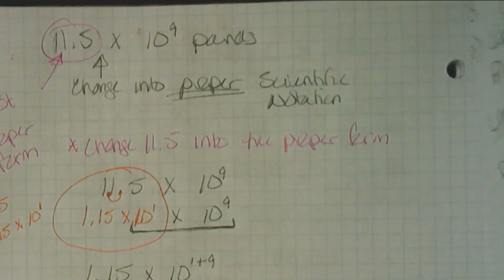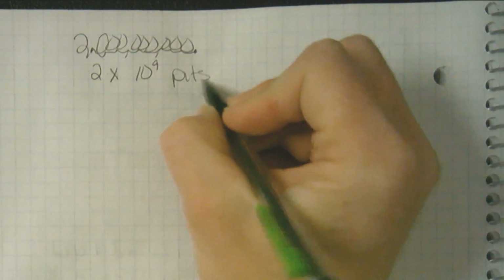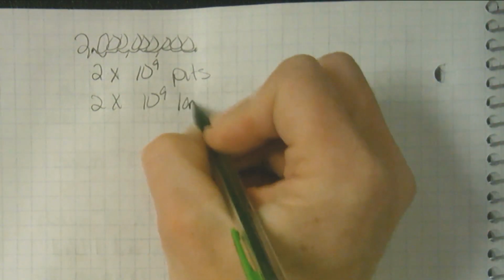Hang on one second. So these are our pits, and these are also, we have 2 times 10 to the 9th lands. How many of you guys agree with that?